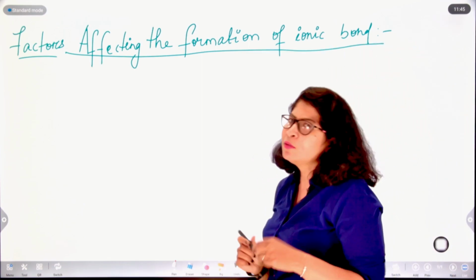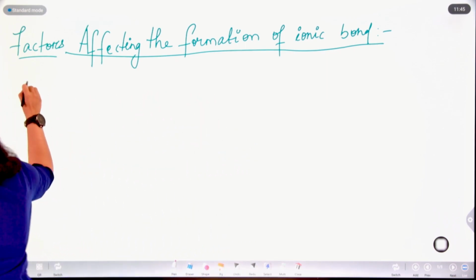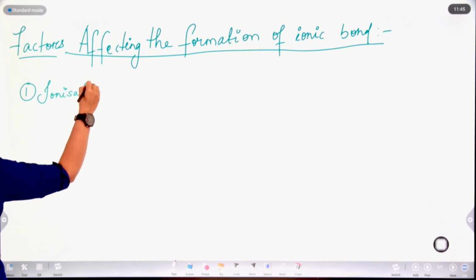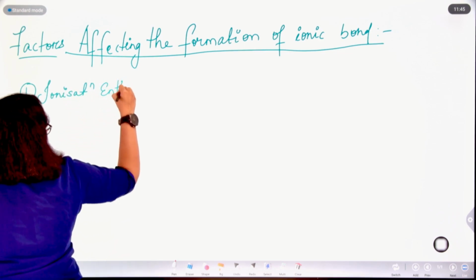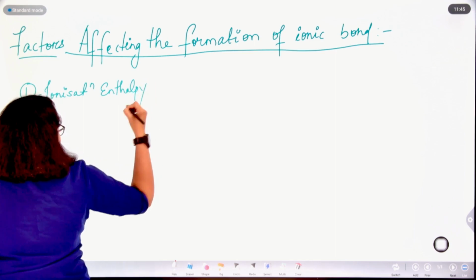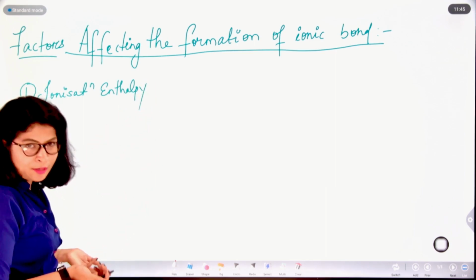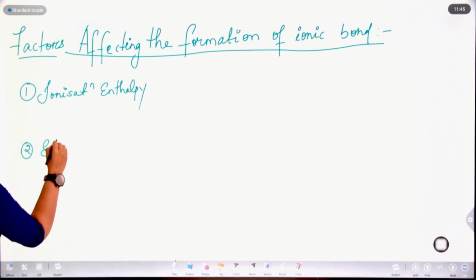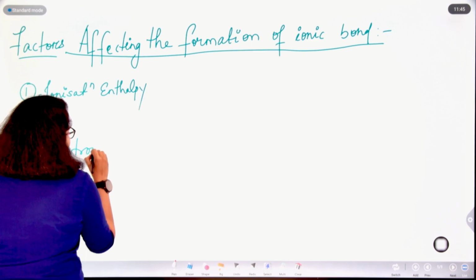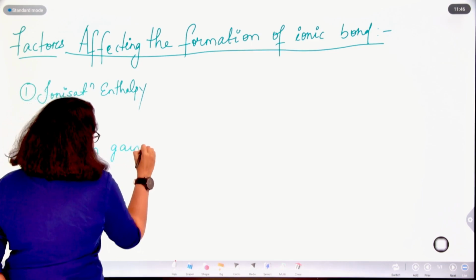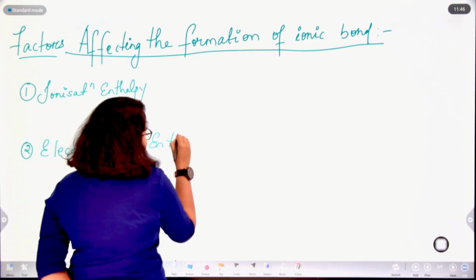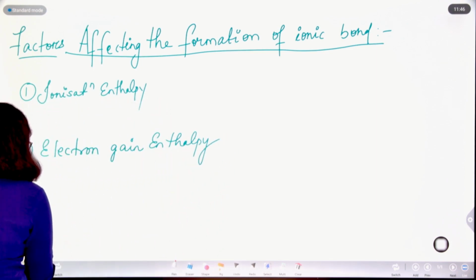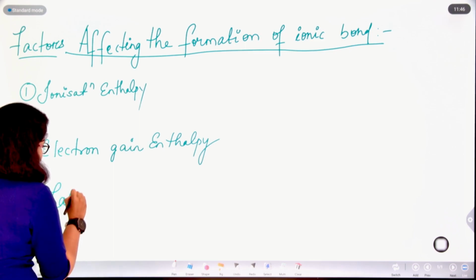Basically it depends upon three factors. One is ionization enthalpy, or ionization potential or ionization energy, you can use it alternatively. Second is electron gain enthalpy, and the third is lattice energy.